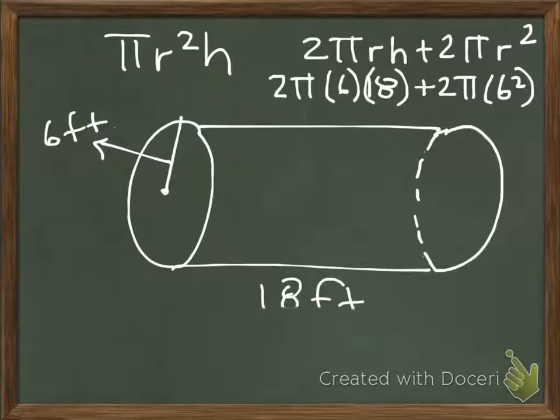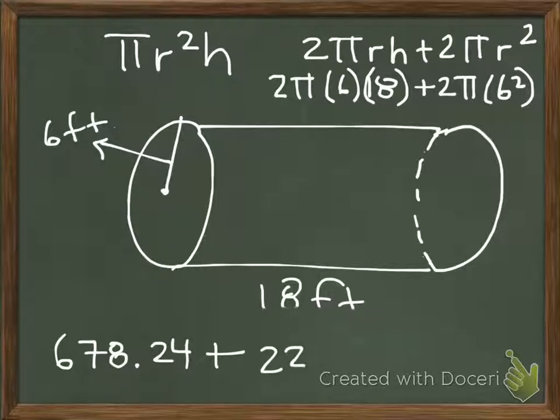So we're going to follow the order of operations by multiplying everything first and doing your exponents there on the right. So we have 2 times pi times 6 times 18 gives us on one part 678.24, plus 2 times pi, I'm using 3.14 as pi, times 36 gives me 226.08.